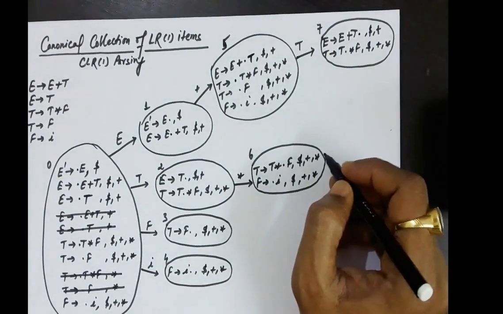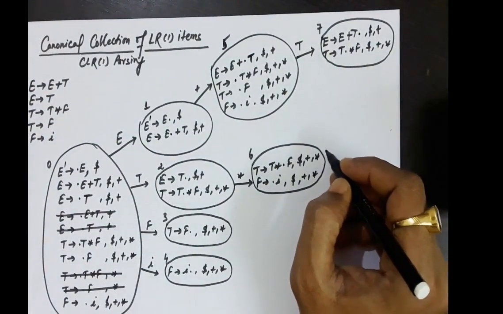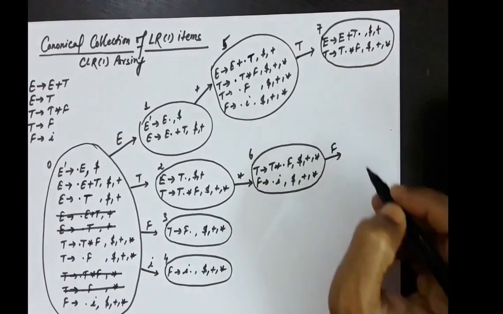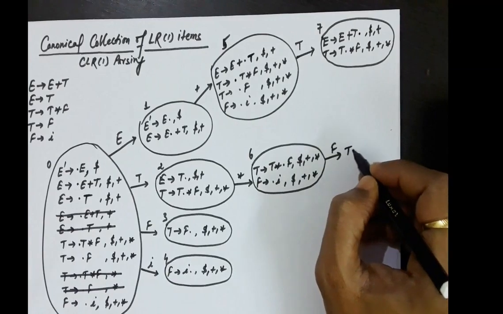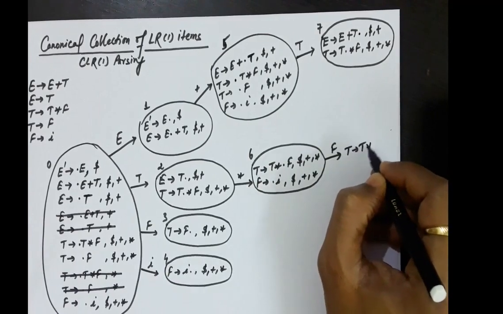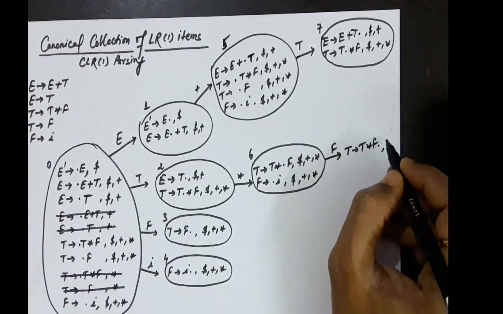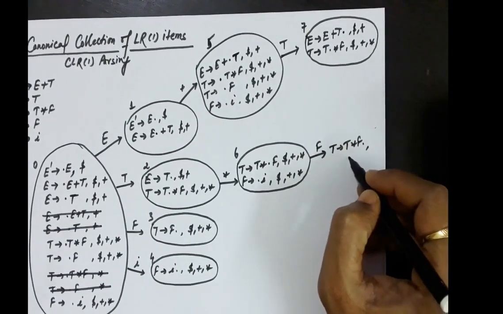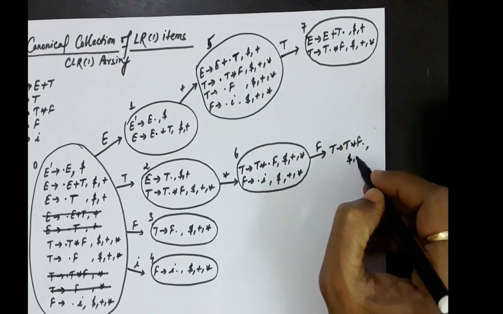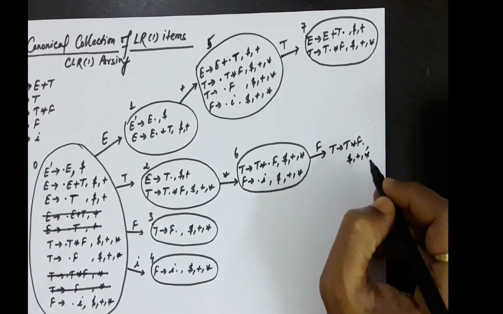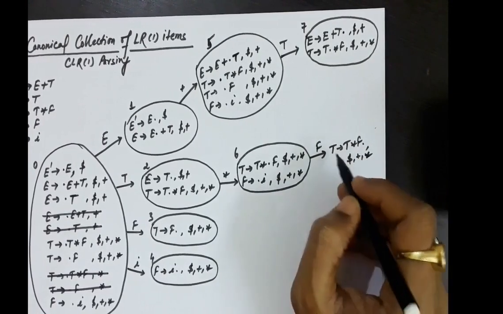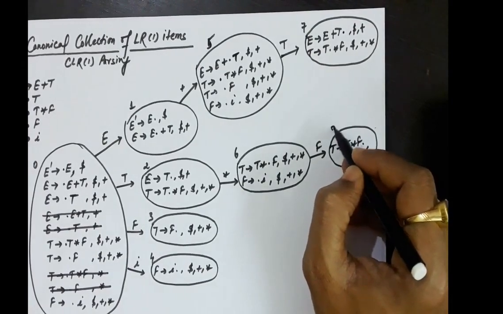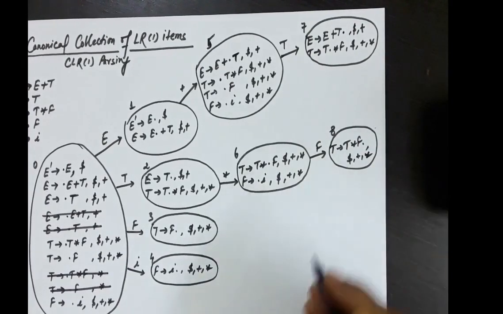And now if you see the transition from this 6th state, it will be for capital F. T produces T star F dot, and the look aheads are dollar, plus and multiplication sign. So this is the new state. Let's say the number of the new state is 8.